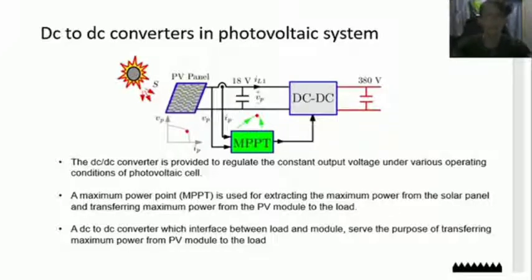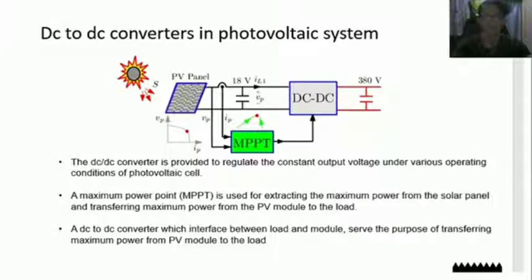As we see on my screen, I show based on the diagram, we can see the PV panel is a device that can convert sunlight into electrical energy.